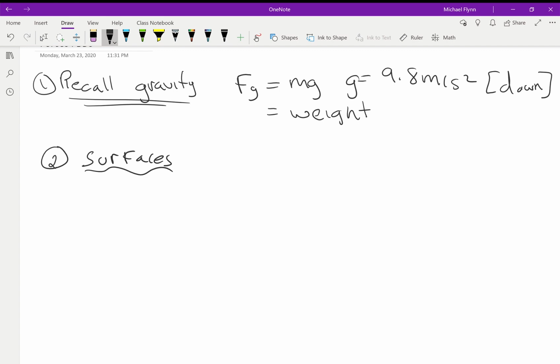And that force is counteracting gravity. In other words, it's acting in the upwards direction. Now, a surface like a table or the floor or even the wall, which is a vertical surface, surfaces can only push. Surface on surface forces are a type of contact force. They're called normal forces, and I'll explain why that is in a second.